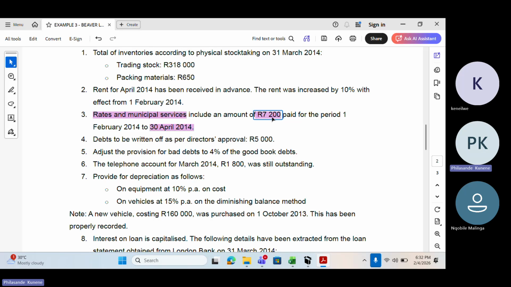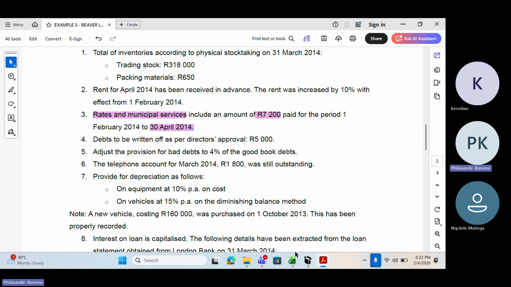So this 7,200 is for 3 months, February, March, April. From these 3 months, 1 month is outside our accounting period, which is like a prepaid expense that has to be excluded.